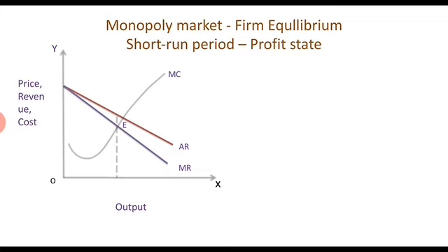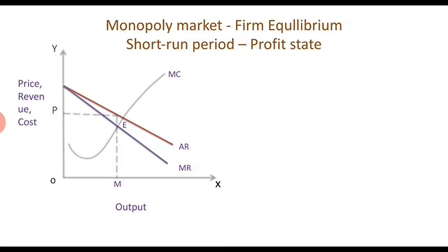Here point E shows equilibrium. At that state, the monopolist is in equilibrium, produces OM output, and the price is determined as OP.